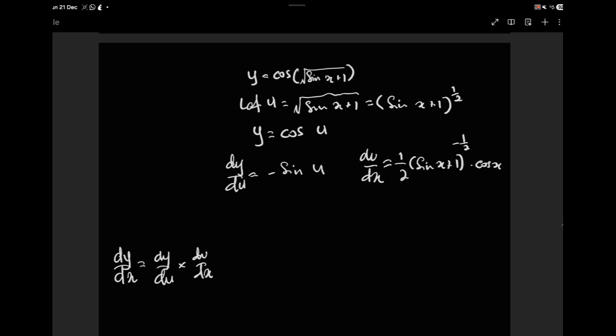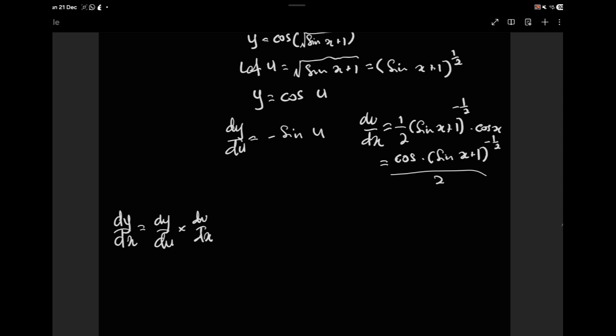If you try to simplify it further, we have cos times sine x plus 1 to the negative 1 over 2, and then this whole thing is over 2.